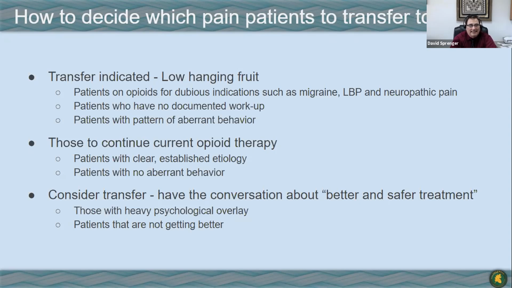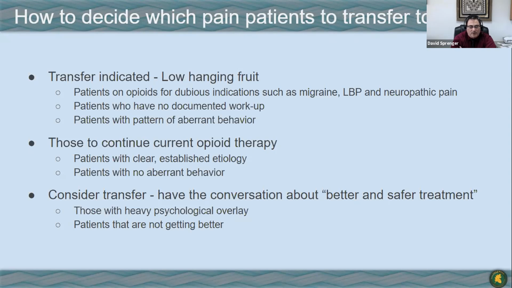Patients who haven't had any workup, or you can't find any, but are still taking the opioids, you might want to consider them low-hanging fruit, and someone that you might want to transfer onto MAT.